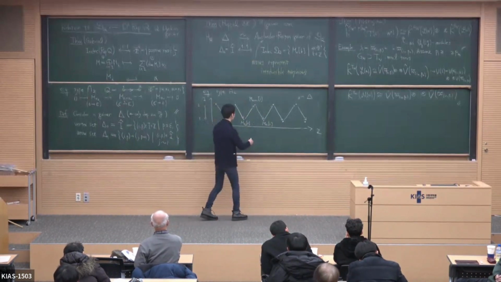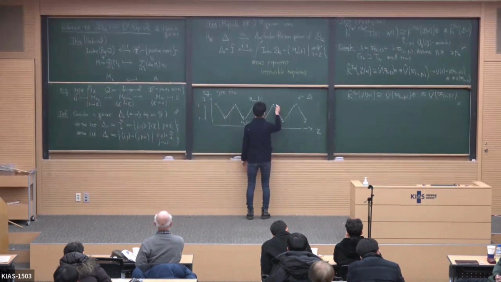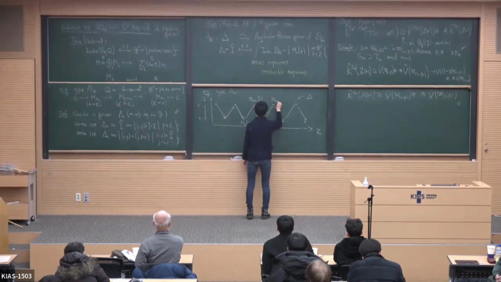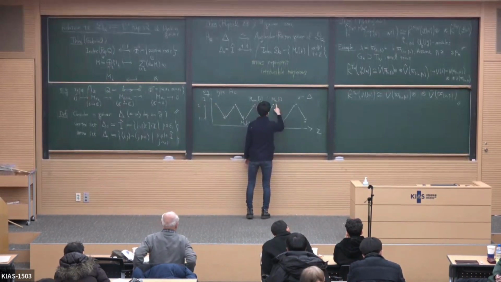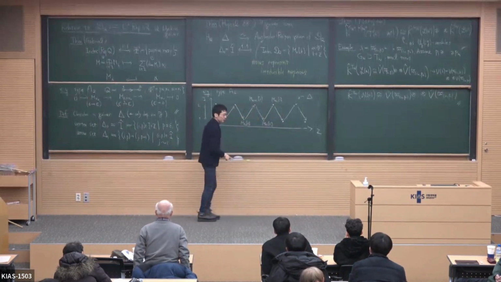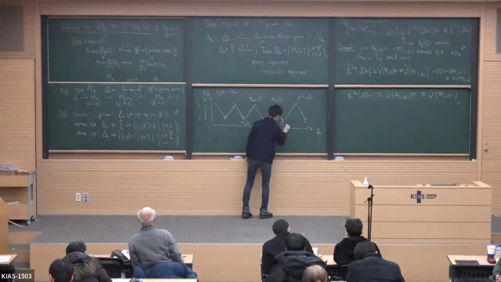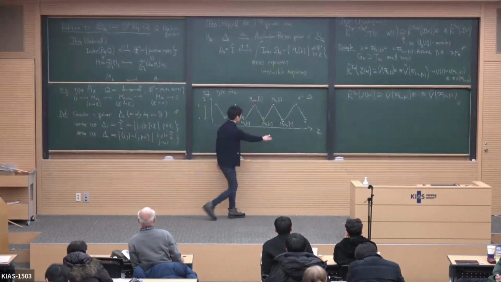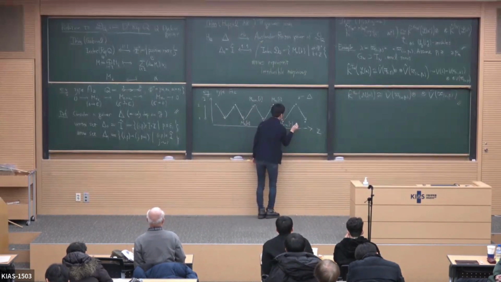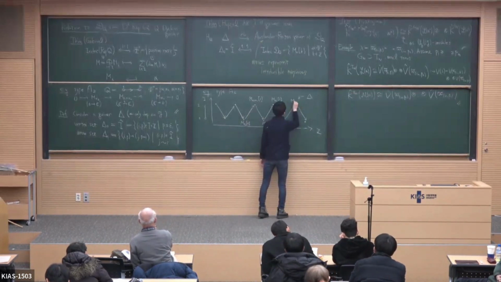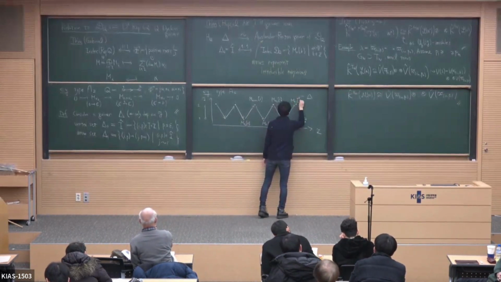But here we have M of alpha 2 shifted by 1. And here we have M of alpha 1 plus alpha 2 shifted by 1, and M of alpha 1 shifted by 1.